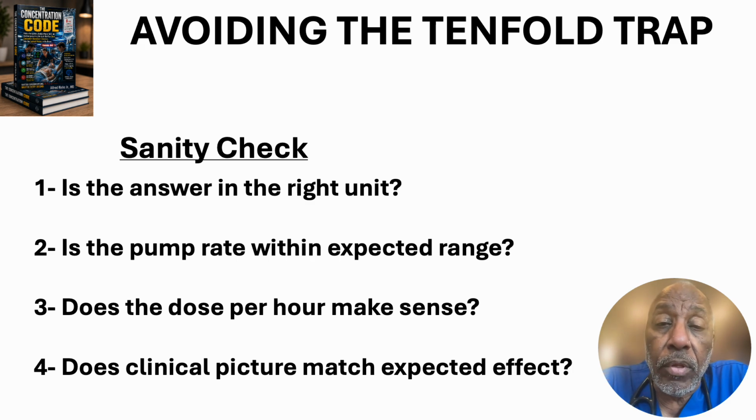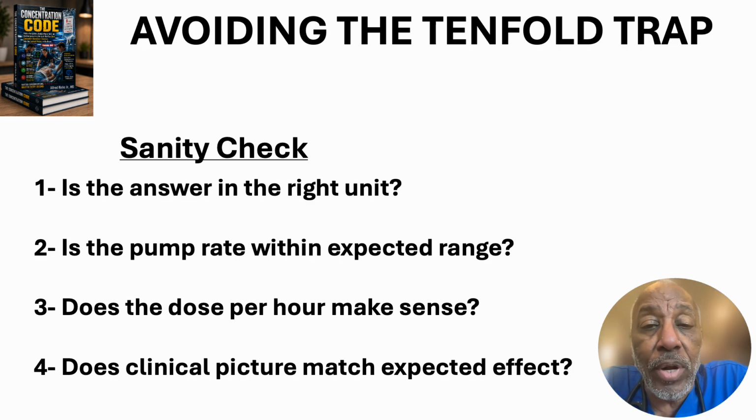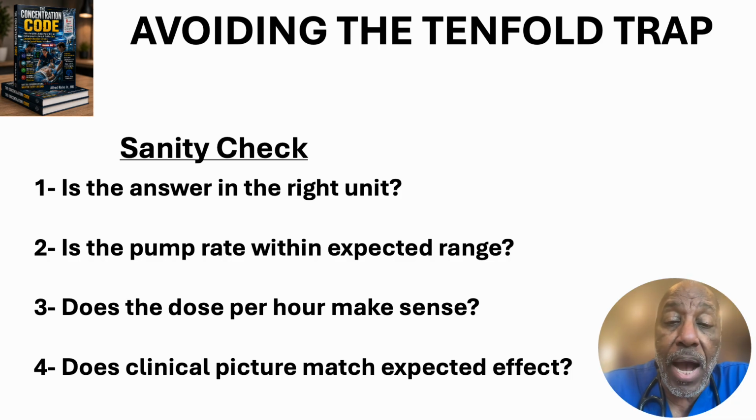Third, does the dose per hour make sense relative to the total drug in the bag? If the bag contains 4 milligrams total and your calculations say the patient is receiving 8 milligrams per hour, the bag would be empty in 30 minutes. That's a red flag. Fourth, does the clinical picture match the expected effect?